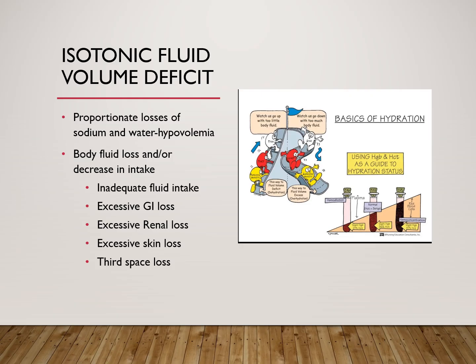There's a condition called ascites where people build up fluid within their peritoneal or abdominal cavity. That fluid is still in the body, but it's no longer in the vasculature. So technically these people are hypovolemic because their volume within the vasculature is down, but their overall total body water and total body weight will remain the same. It's just, again, sequestered volume.